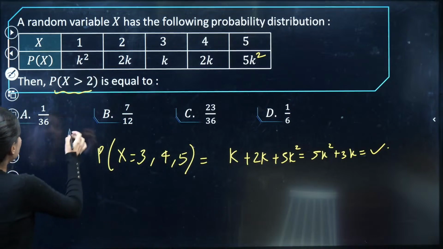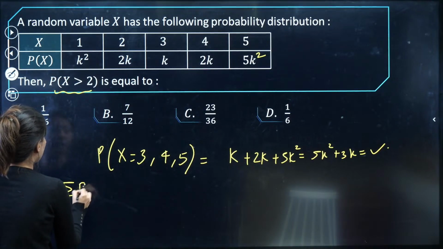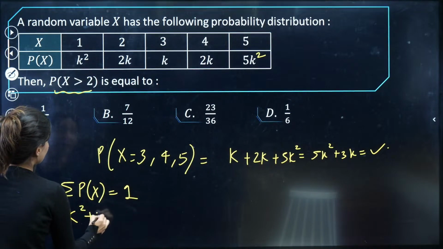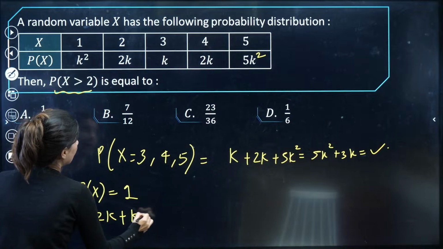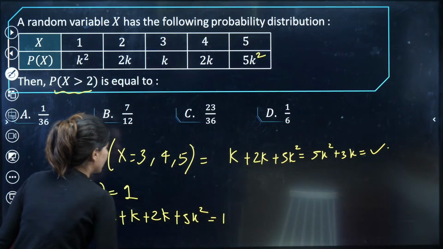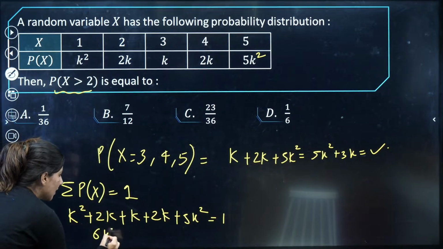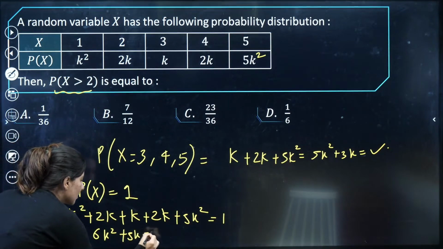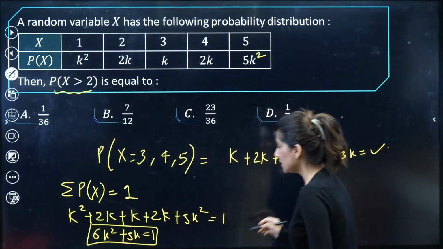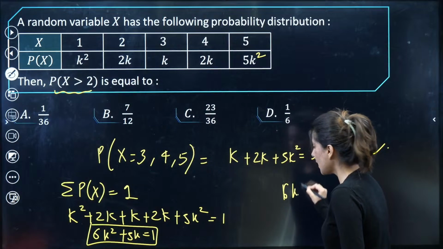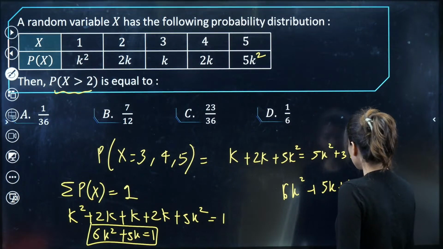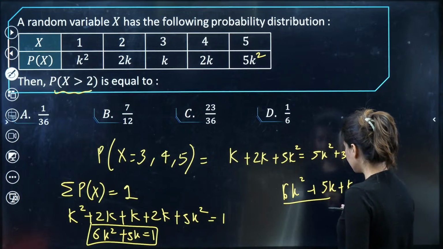So for that, I already told you sigma p(x) will be equal to 1. That means k square plus 2k plus k plus 2k plus 5k square is equal to 1. So 6k square plus 5k is equal to 1. What does that mean? That 6k square plus 5k minus 1 is equal to 0.